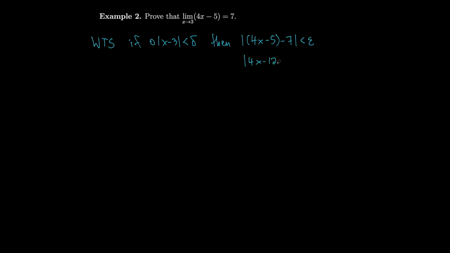So let's write 4x minus 12, just to simplify things. And then we can take out the 4 by factoring it. The absolute value of a product is the product of the absolute values, so I can take the 4 out of the absolute value.